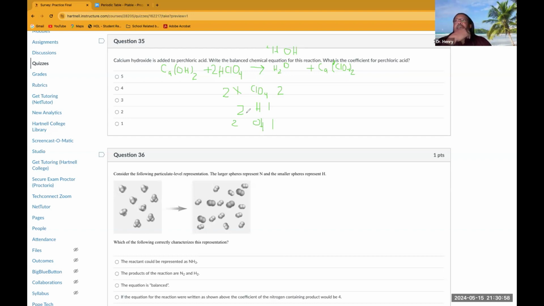So how many waters am I going to need so that I would end up with 2 H's and 2 OHs? Right now I have 1 and 1. We need a 2 for H2O. Okay, so then that would give me my 2. And now I have a balanced chemical equation.